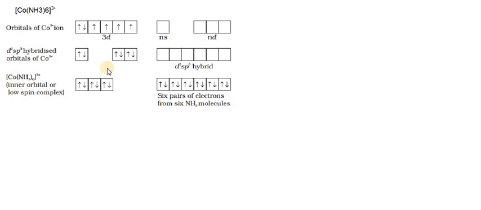Now the inner unhybridized orbitals remain as they are. They have all 6 electrons as required, and then the 6 pairs of electrons from ammonia molecules enter into 6 unoccupied or empty d2sp3 hybrid orbitals, and so you get all the empty orbitals fulfilled with 2 electrons each, with the lone pairs of ammonia molecules.